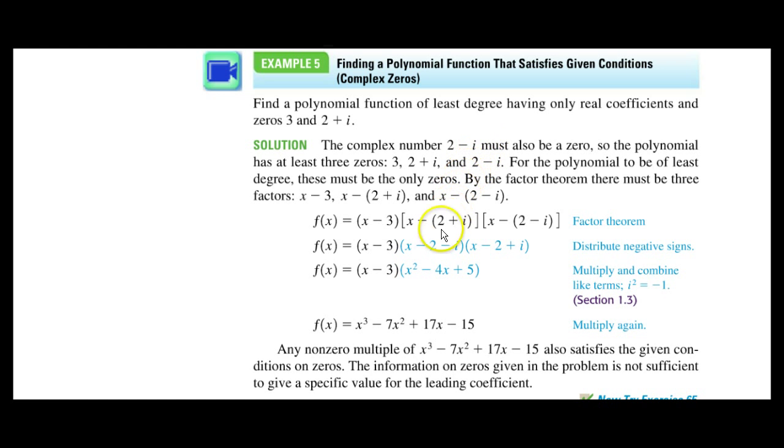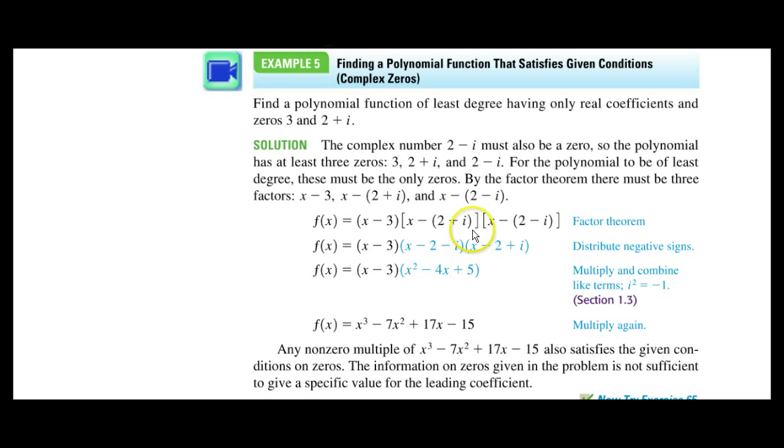Okay, so here are the set of factors. We're using brackets because this and its conjugate are in parentheses. We clear parentheses, we FOIL this, we get this, and we get that, and we multiply that through, and we end up with this.